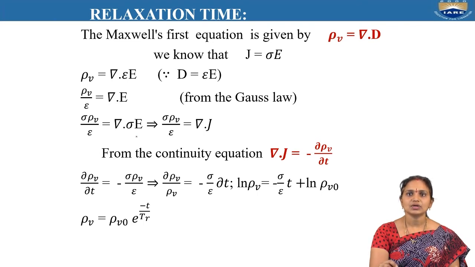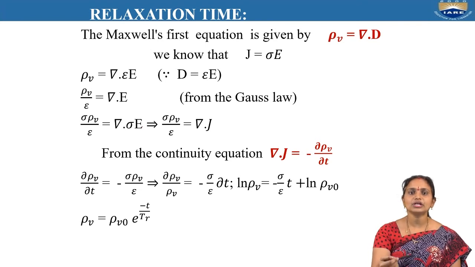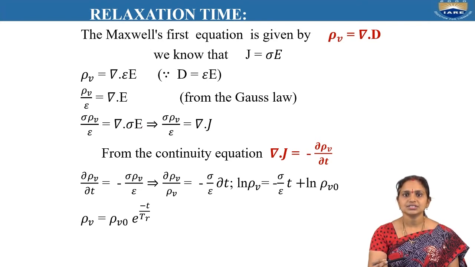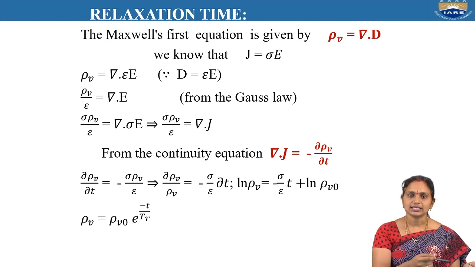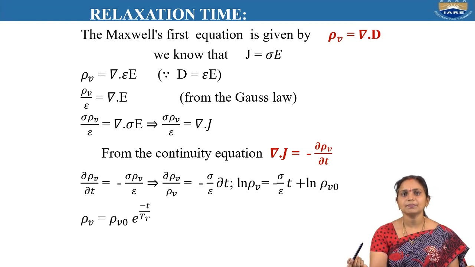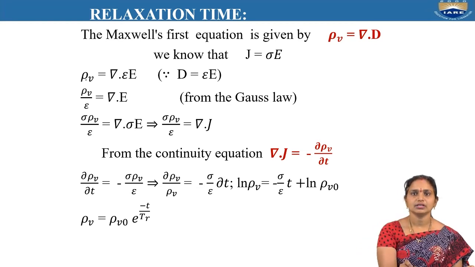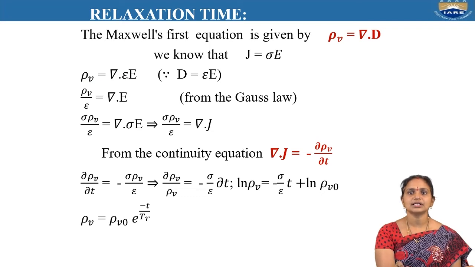Here our final aim is to reduce the variables, or to convert flux terms into field terms. Field representation is in terms of E for electric field and in terms of H for magnetic field. So finally we replace D with epsilon into E. Then rho_v equals del dot epsilon E. Here epsilon is the permittivity, and this is a constant term, so we can take the constant out of the divergence easily.